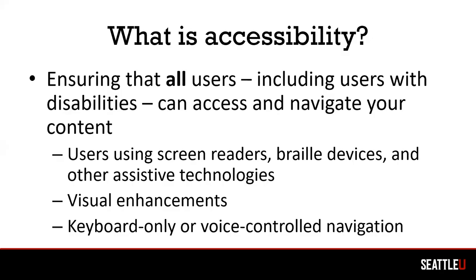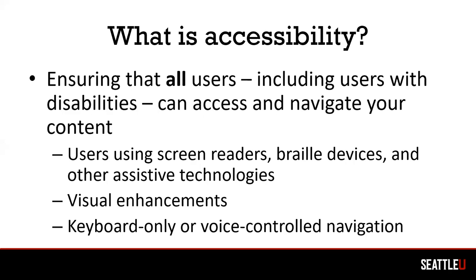So really quick, I want to talk a little bit about what is accessibility. You're really wanting to ensure that all users, including and especially users with disabilities, can access and navigate your content, whether that's on your website, your Seattle U website, or on your social media accounts.